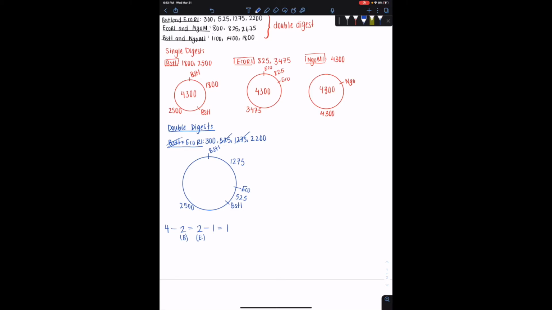So you could just split that with ECO, because we had one more cut left that needed to be done with ECO. We're all done with this. We just need to change our numbers, because that 2500 got split into 2200 and 300. We're also going to write that total plasmid length in the middle.